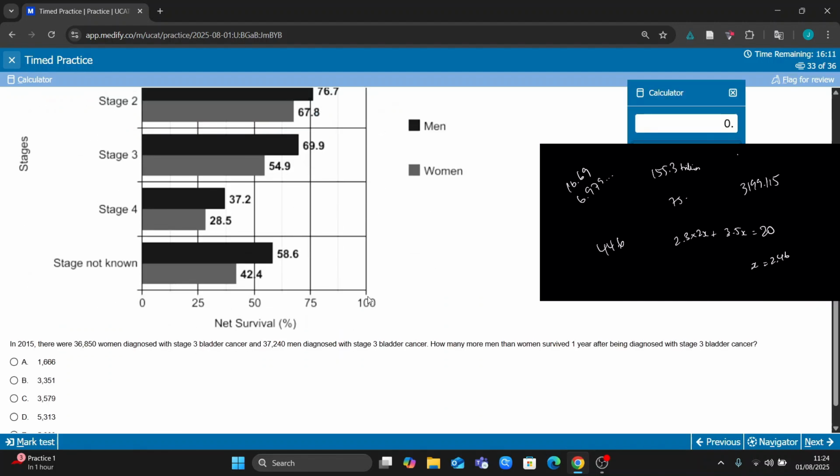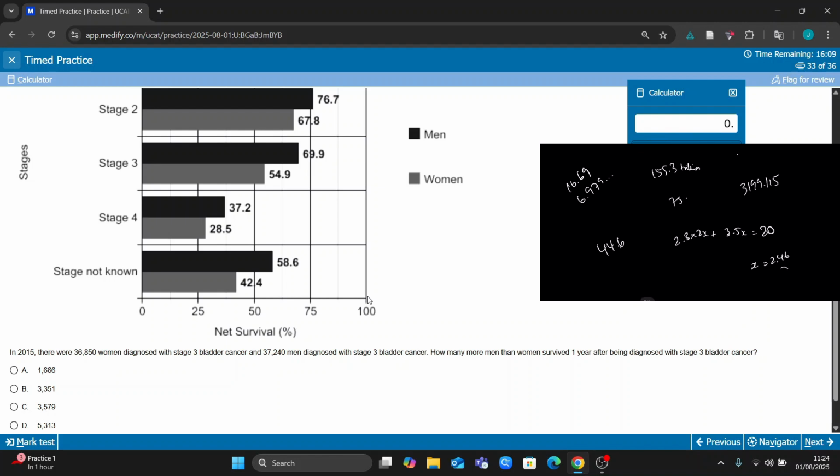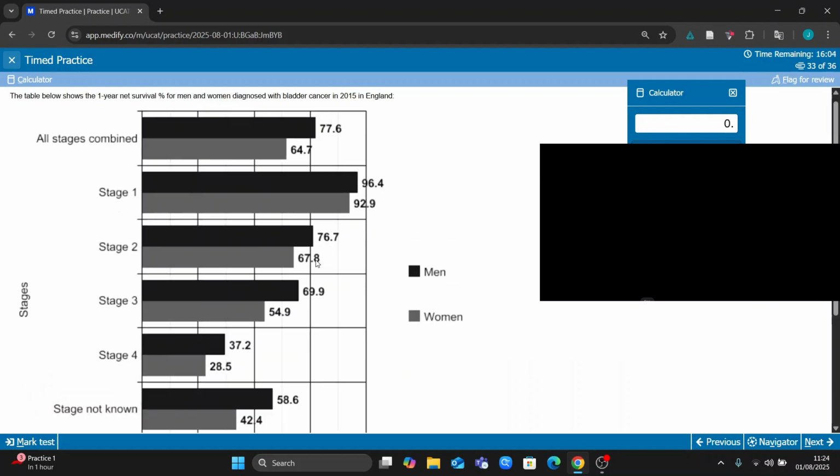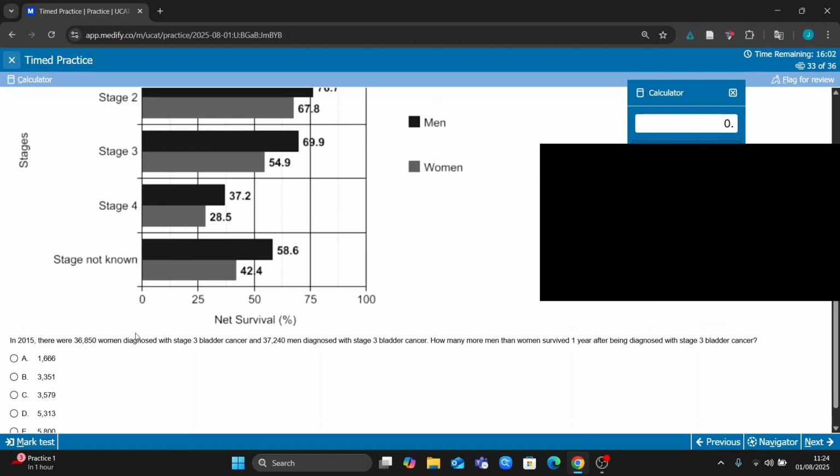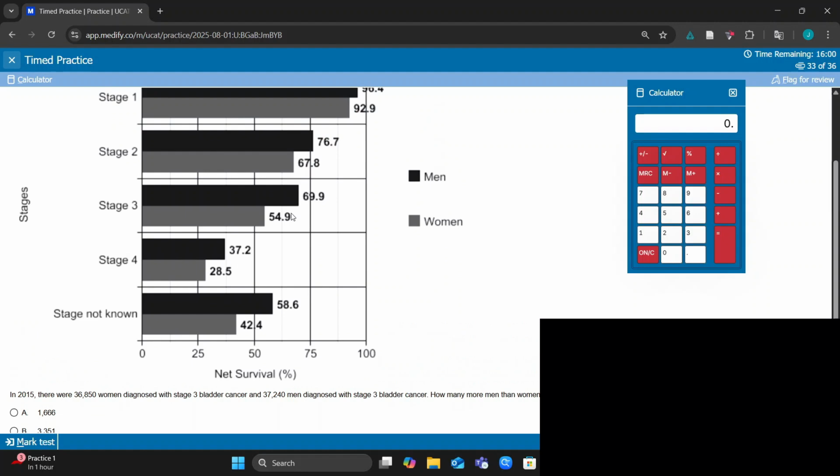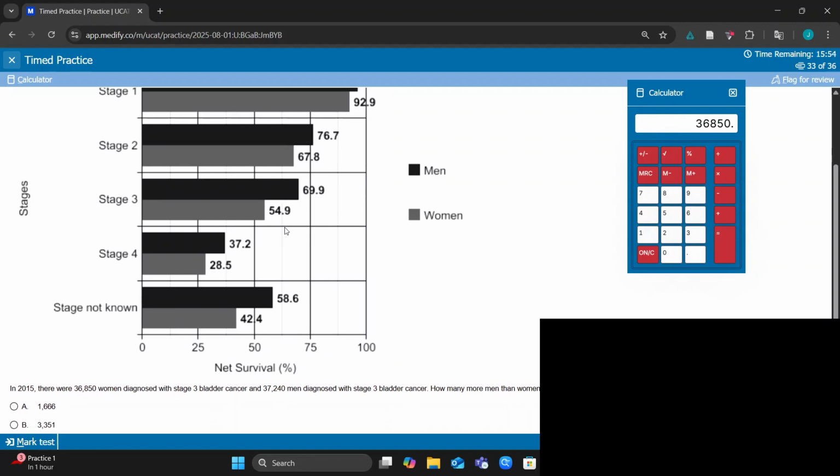So how many more women? Okay, so let's get rid of this. In 2015 there were 36,850 women diagnosed with stage 3 bladder cancer. So 36850 women, and then is this survival? How many more survive? So times 0.549 is 20230, and 37240 diagnosed with stage 3 bladder cancer, 0.699.